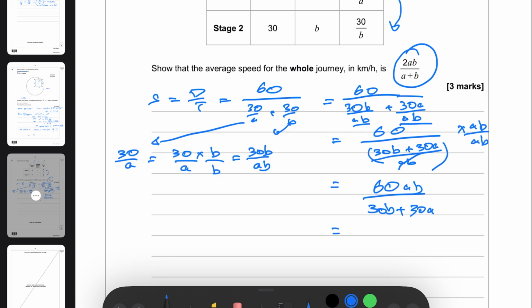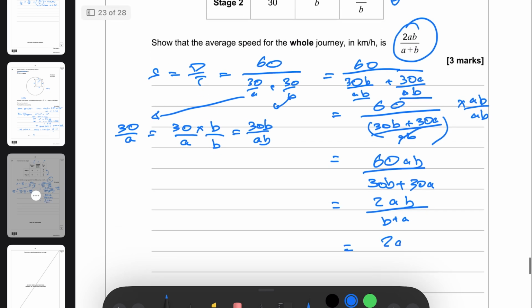We can simply divide by 30, which gives us 2ab over b plus a, which is actually pretty much the same as 2ab over a plus b.